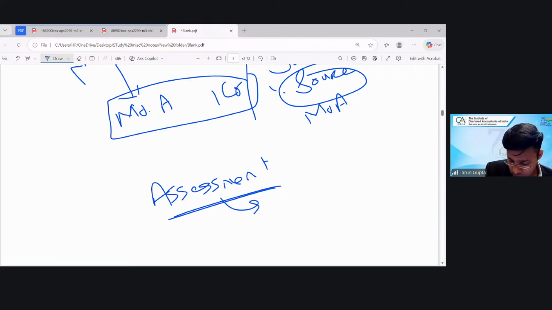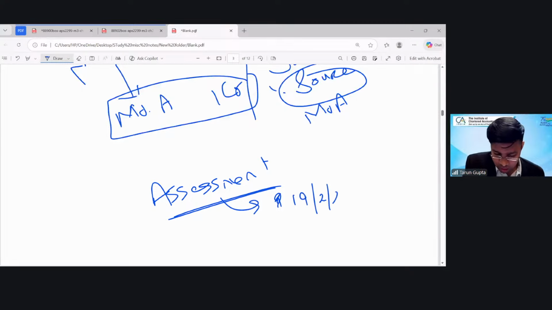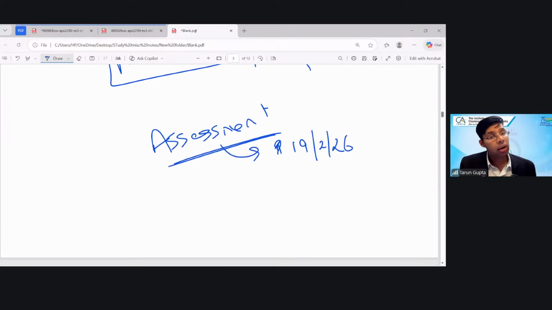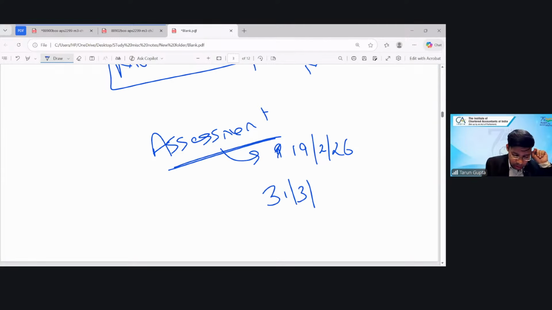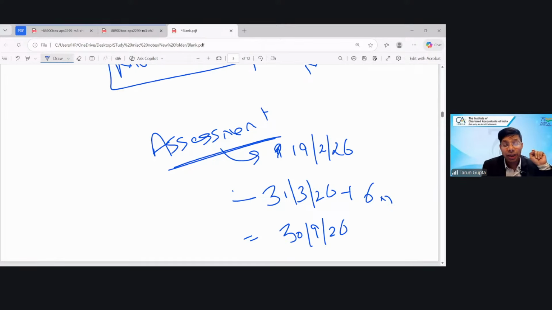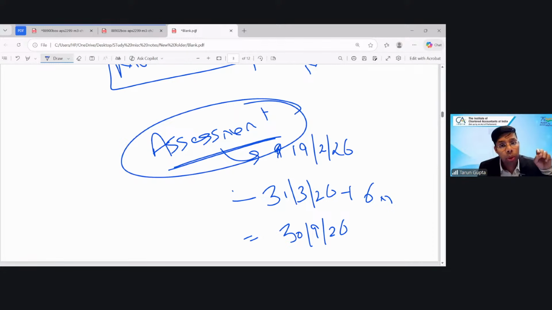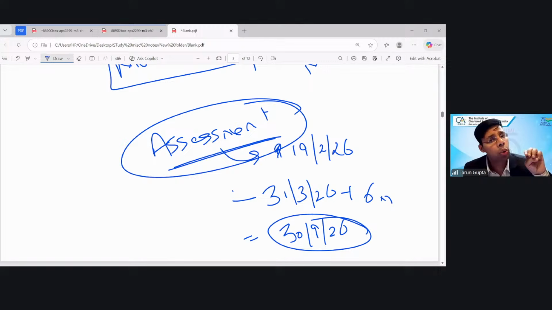Assuming the assessment order came today, say 19 Feb 26, and the penalty proceedings are initiated in the course of this assessment, the quarter ends on 31st March 26, add 6 months, it comes to 30th September 26. The penalty order can be passed up to 30th September 26.